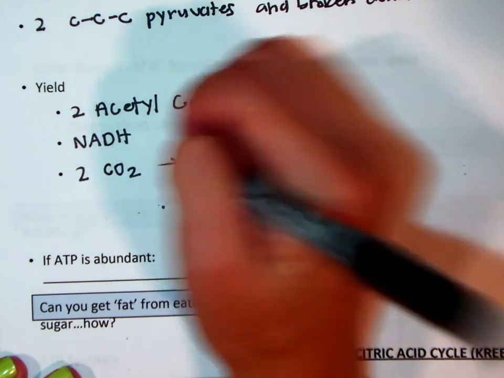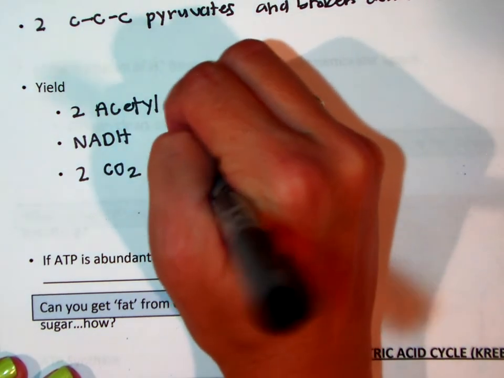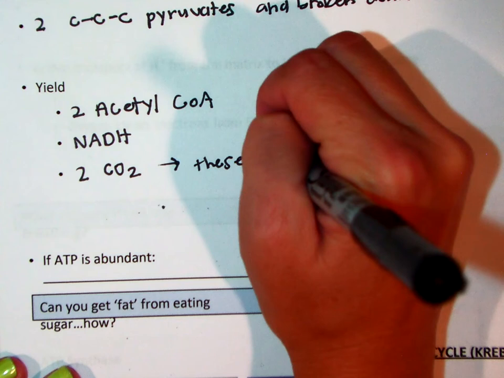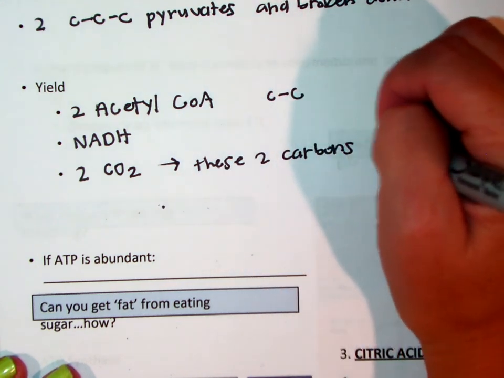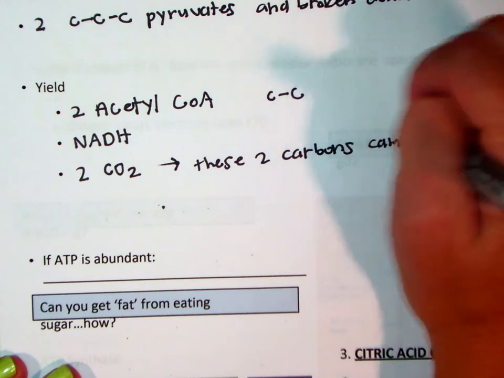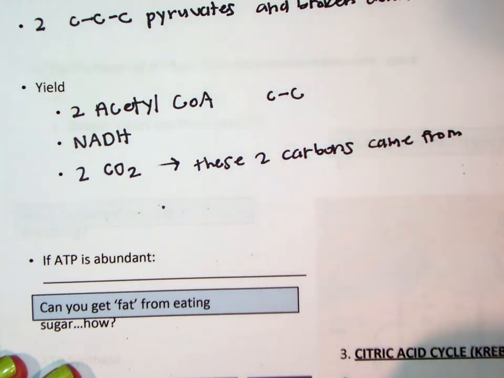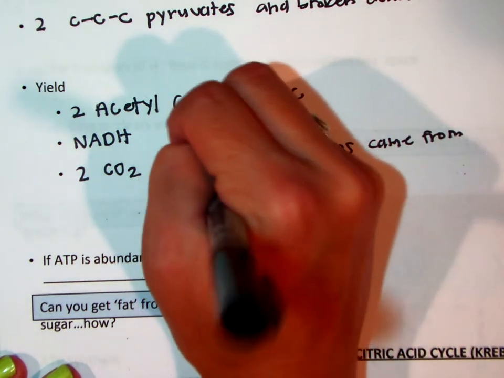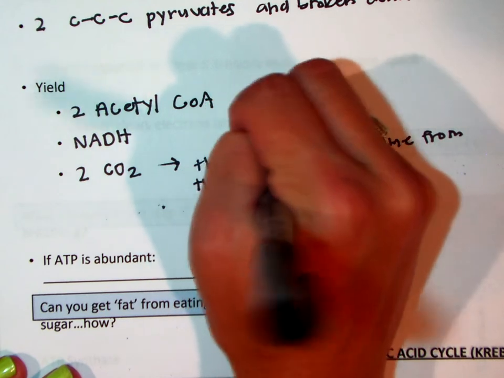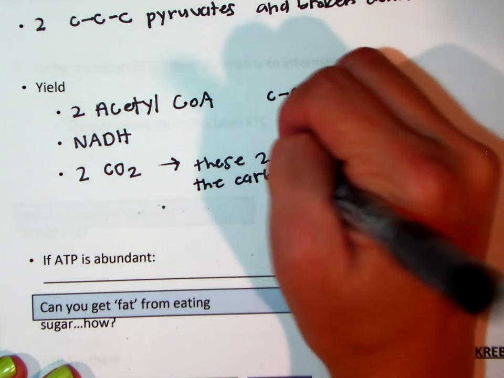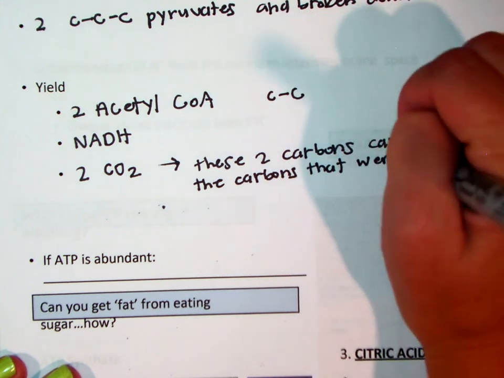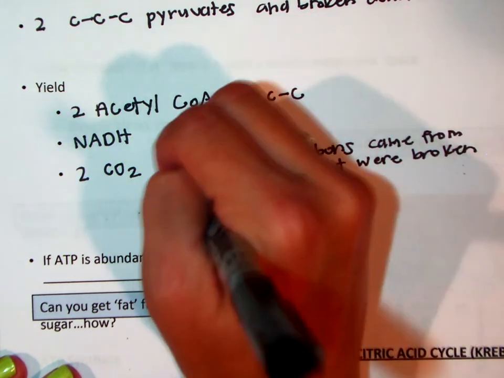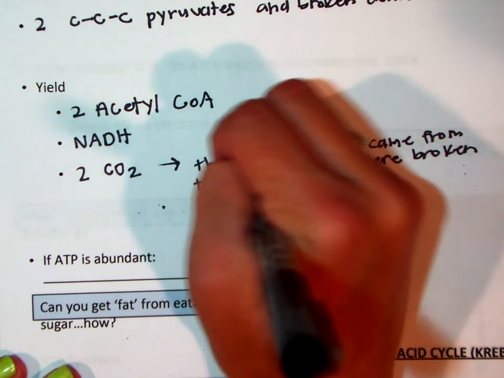So we'll make sure we know that. These two carbons came from the carbons that were broken off pyruvate.